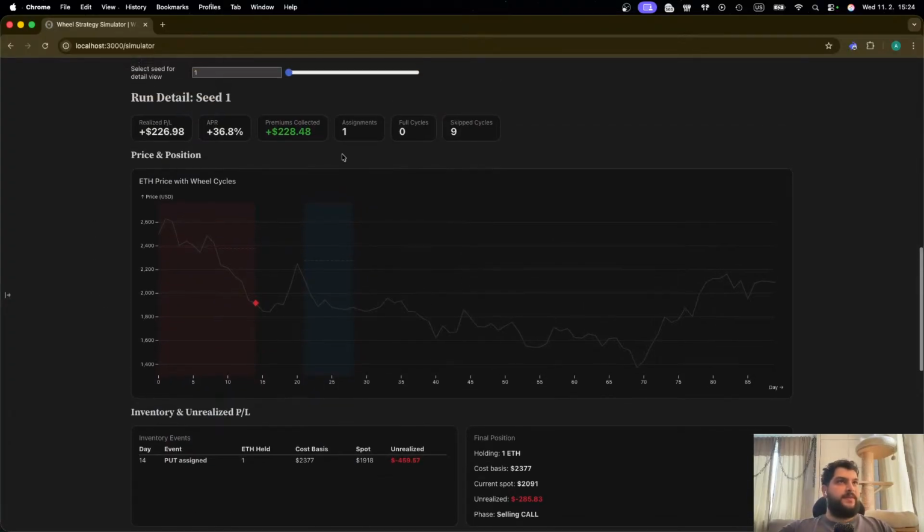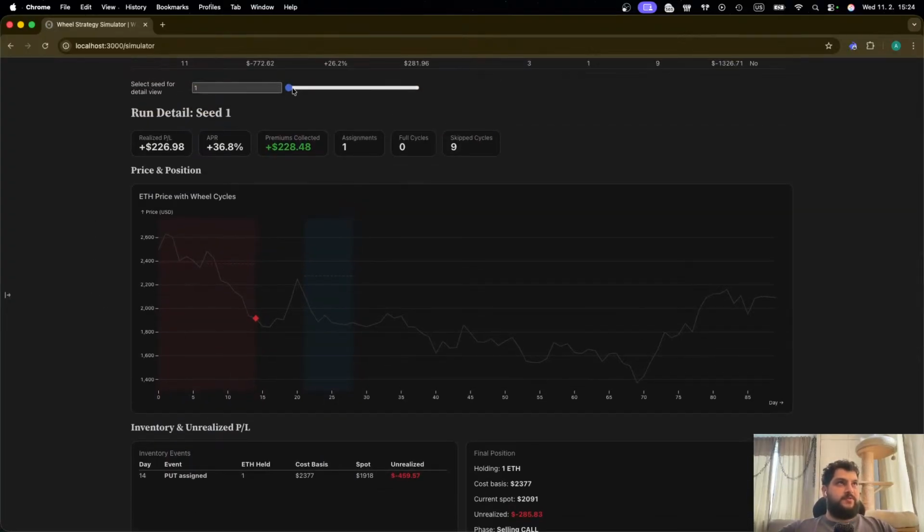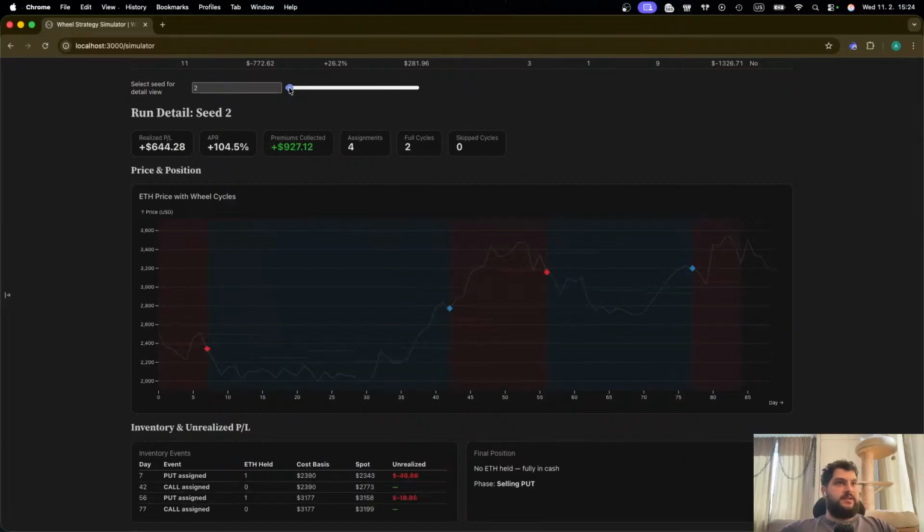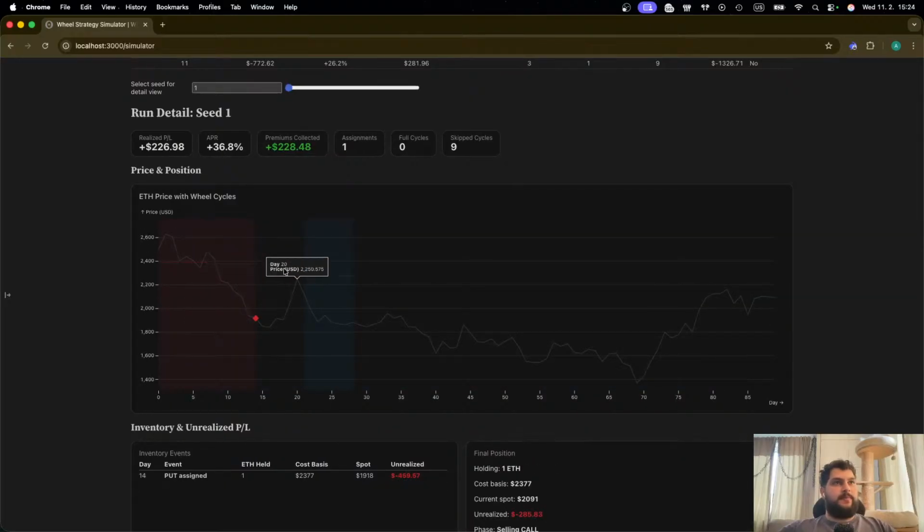Interesting. This first simulation, the first seed, basically the price is never going up here, so the APR decreases a lot.